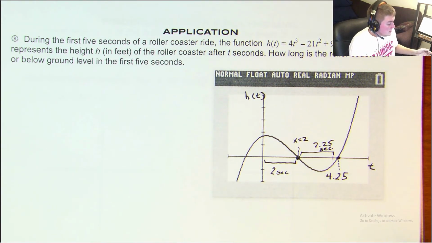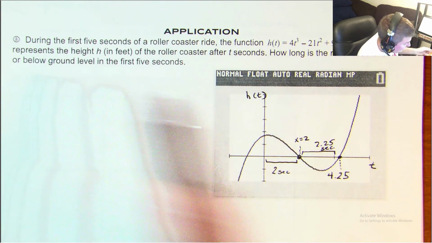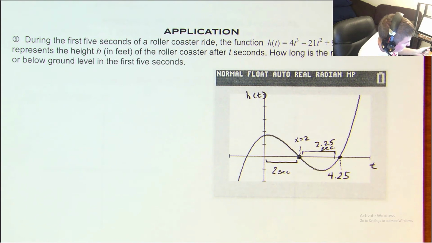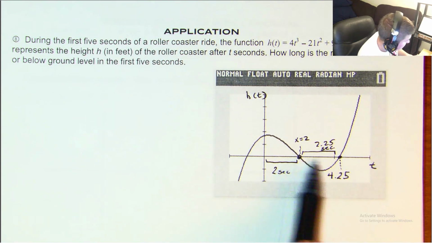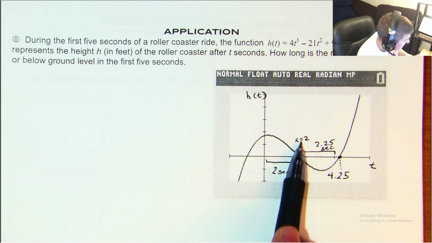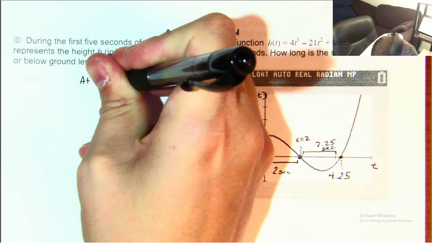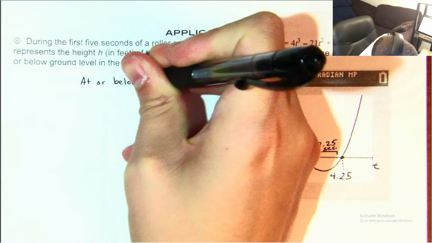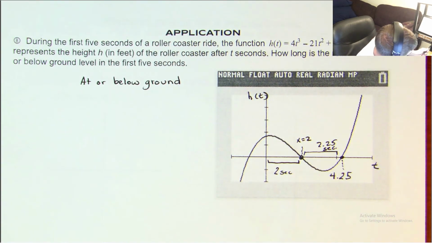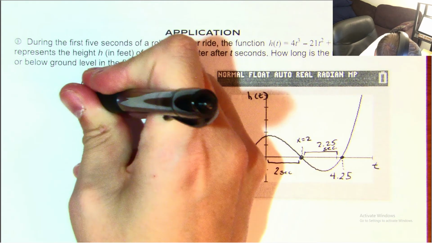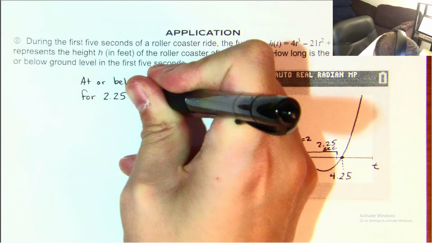Okay. So, what does this mean? This means how long the roller coaster is at or below ground in the first 5 seconds. So, it is at or below ground between 2 and 4.25, meaning that it is at or below ground for 2.25 seconds.